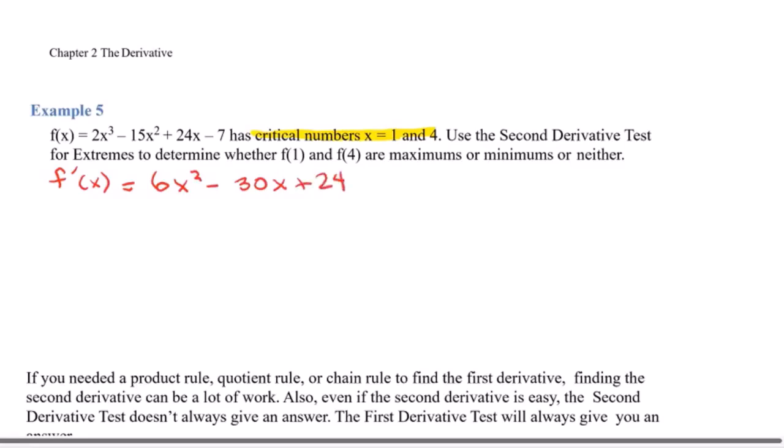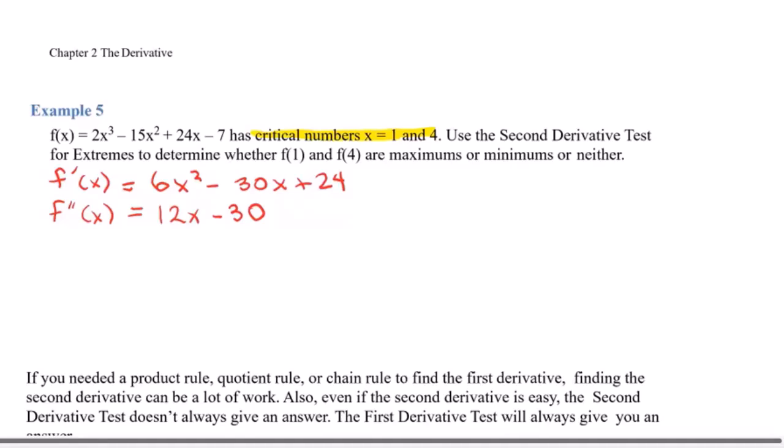That's f prime of x. F double prime, or the second derivative, is equal to 6 times 2 is 12x minus 30. And now what we want to do is plug in these two values.